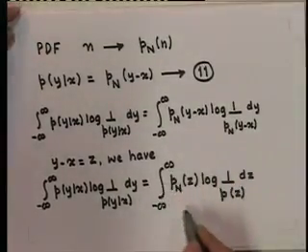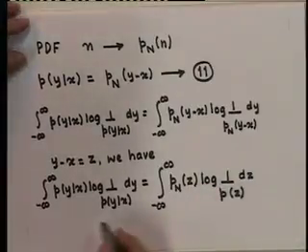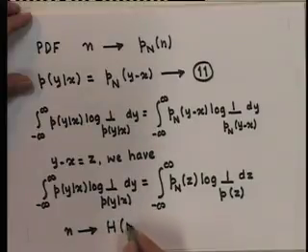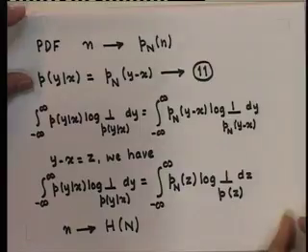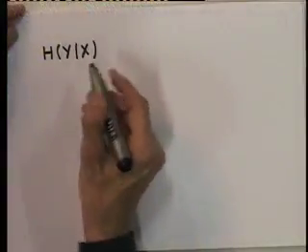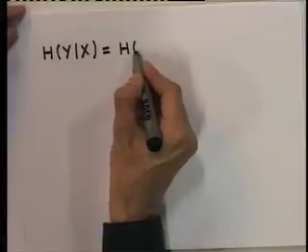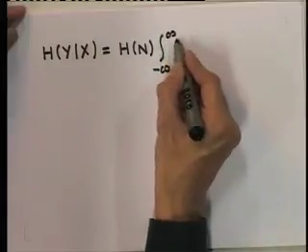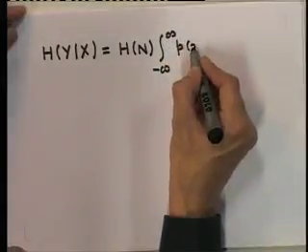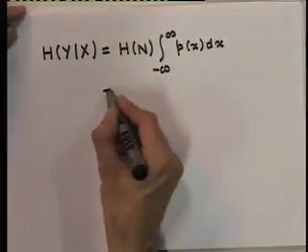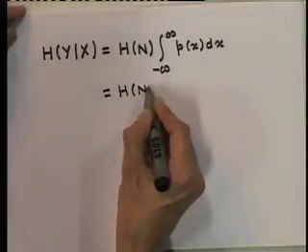Now, the right hand side is the entropy of the noise sample n, and this is given by h(n). Hence, h(y given x) is equal to h(n) multiplied by the integration from minus infinity to plus infinity of p(x), and this is equal to h(n).